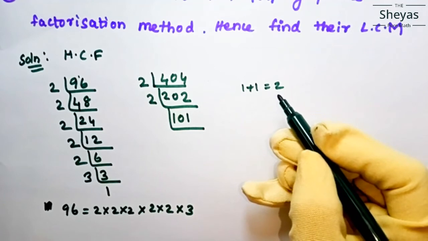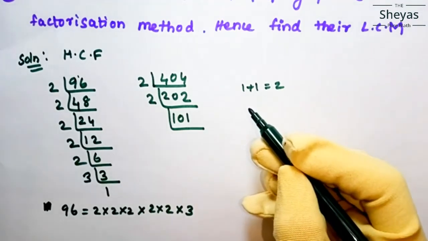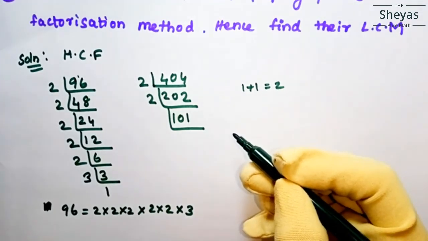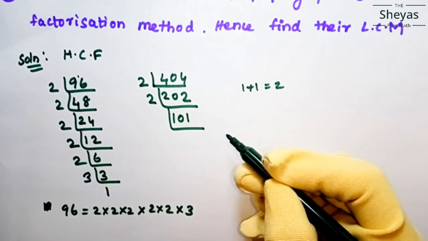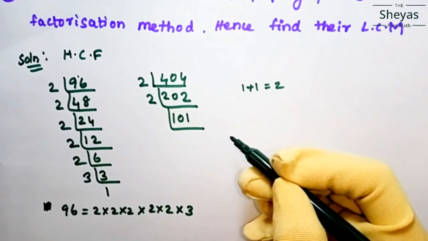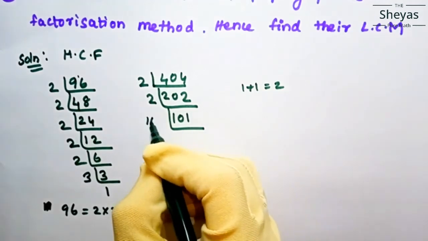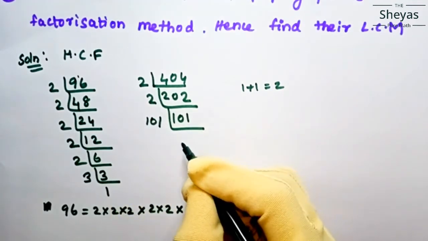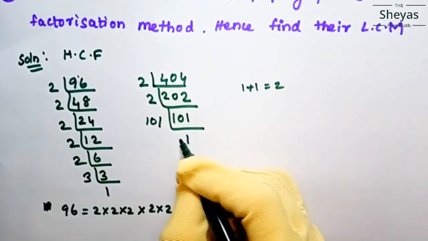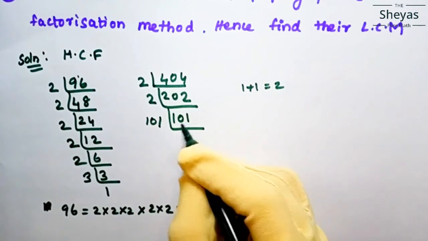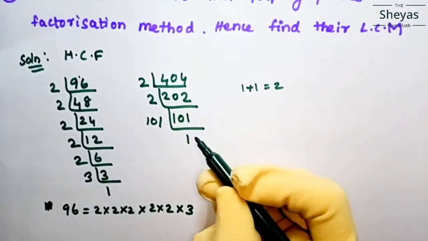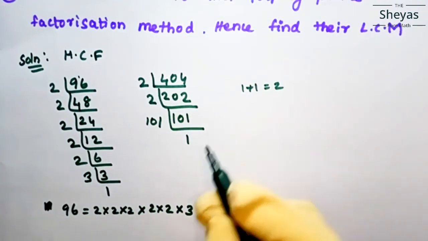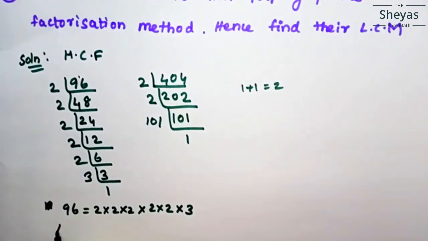The next prime number is 5, and it is not divisible by 5. It is not divisible by any number because 101 is a prime number. So let's write 101 as such. So what are the prime factors of 404? 2 into 2 into 101.